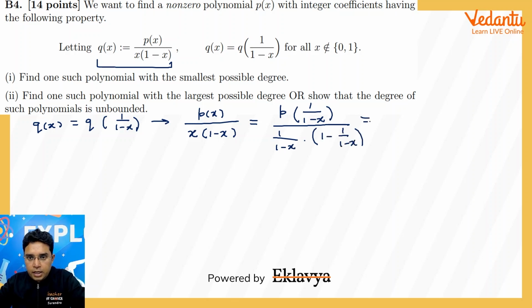Okay, this after simplification becomes P of 1 upon 1 minus x upon, if we take LCM here, minus x, and upon 1 minus x whole square here.